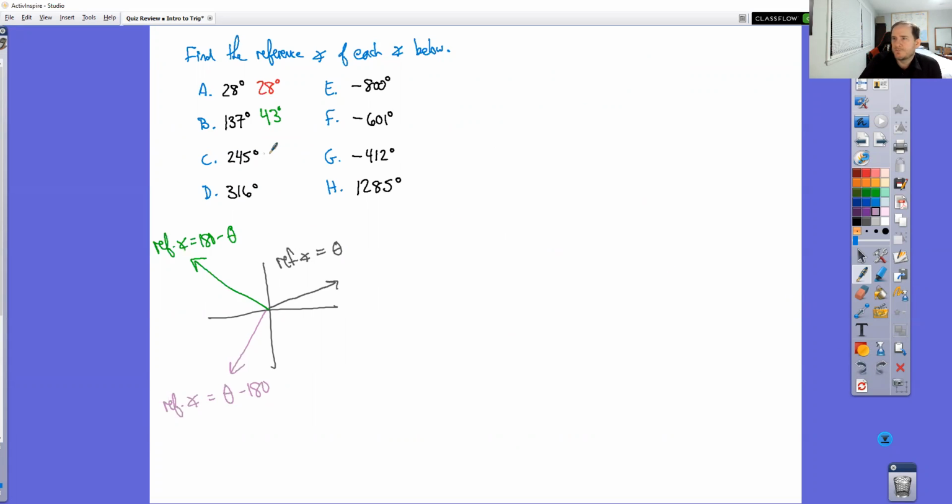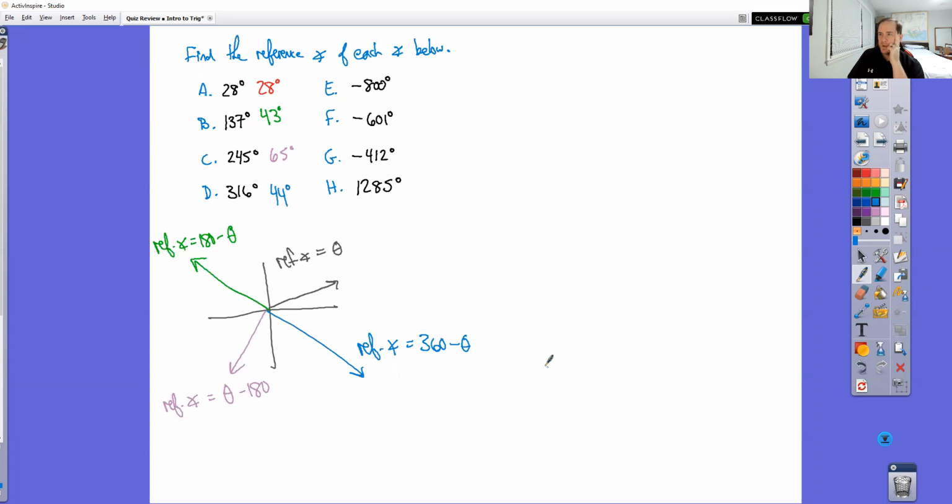It's not right to say that. 65. Okay. And finally, we get an angle that's living down here in quadrant 4. And in quadrant 4, the rule is the reference angle is equal to 360 minus the given angle. So 360 minus 316 is 44. Yeah, 44.